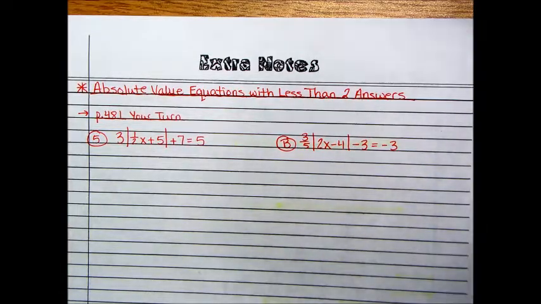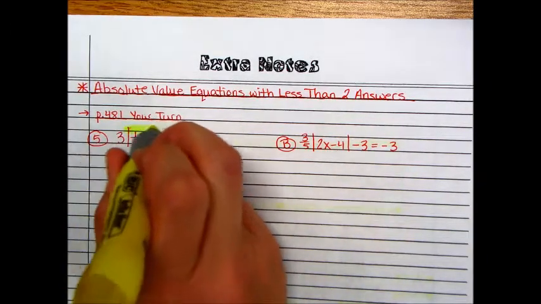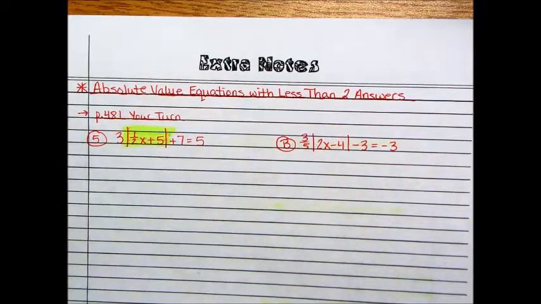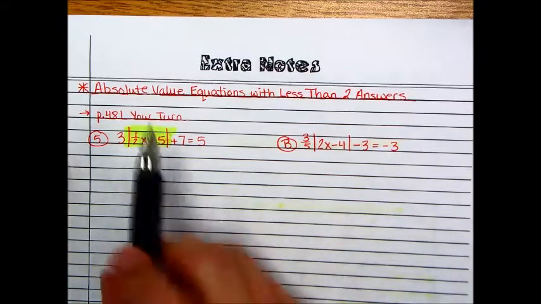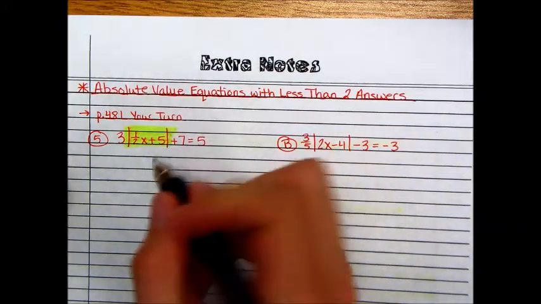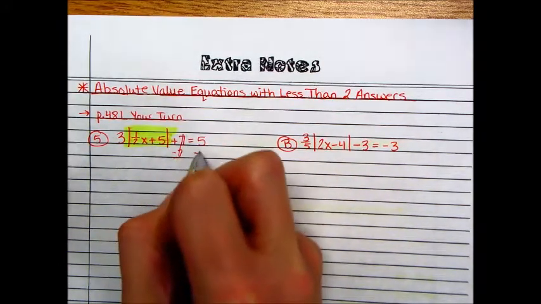All right, same process though. We are going to isolate that absolute value part. This time just use your same equation solving rules like normal. You would undo the adding and subtracting first. So minus 7 on both sides.